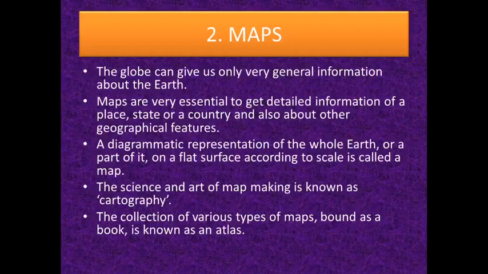The collection of various types of maps bound as a book is known as an atlas. I think you all have an atlas, and this atlas contains a collection of various types of maps, bound in the form of a book.